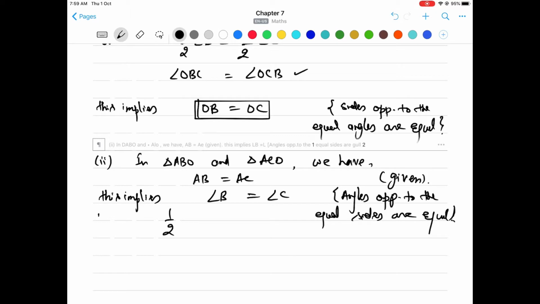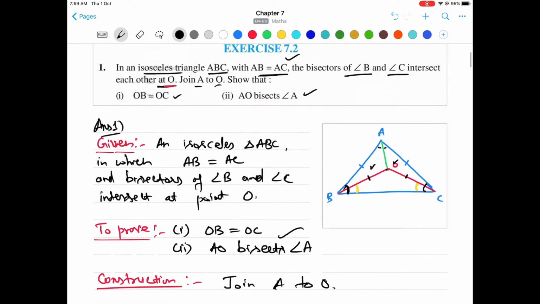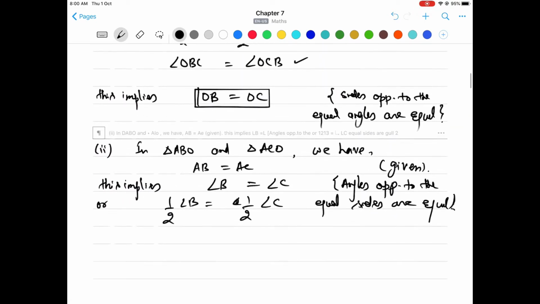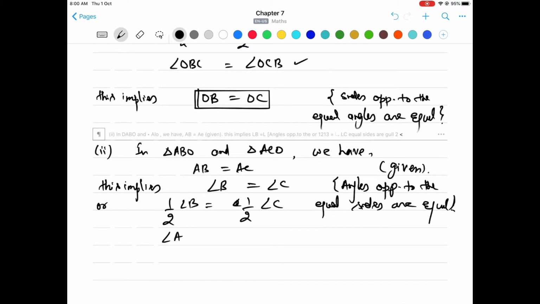Okay, so we can write half of angle B will be equal to half of angle C. So in place of half angle B, we can write angle ABO. Similarly, in place of half angle C, we can write angle ACO.